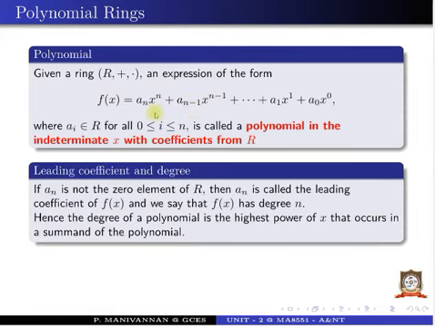What are the leading coefficient and degree? If an is not the zero element of R, that means an is not equal to 0. What is the zero element? The additive identity is called the zero element. In a simple way, in the real number system, an is non-zero.